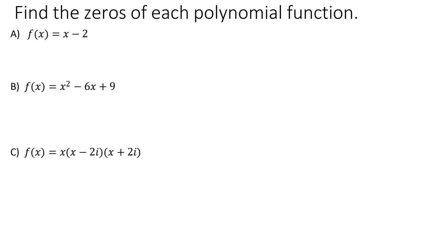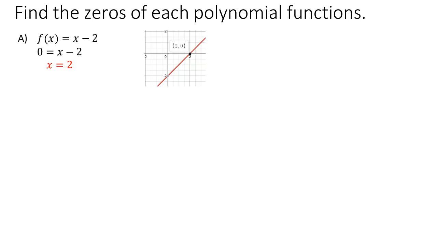Now that we can determine how many zeros a polynomial can have, let's find the zeros of a polynomial. For instance, the first example, hopefully it's easy: find the zeros for this function, x minus 2. To do that, we want to find out where it crosses the x-axis.